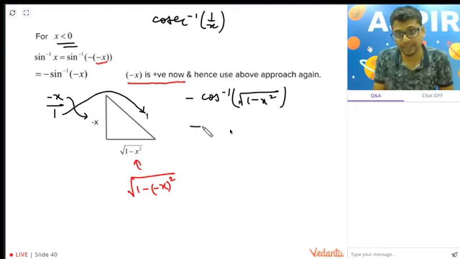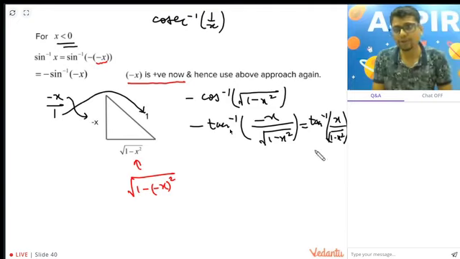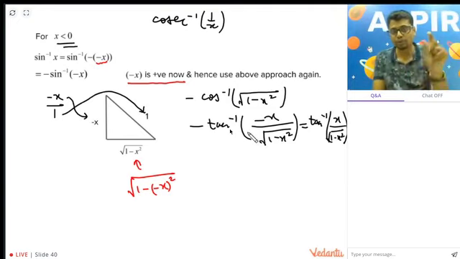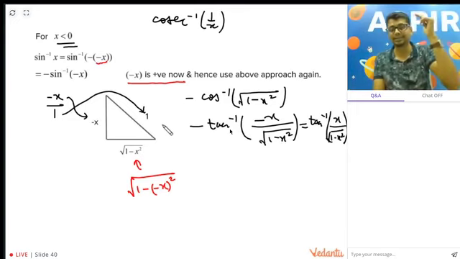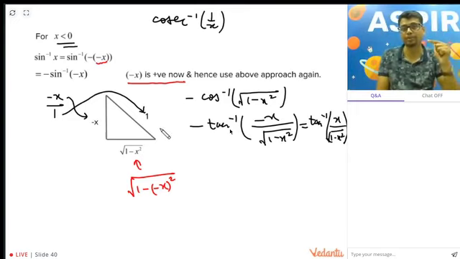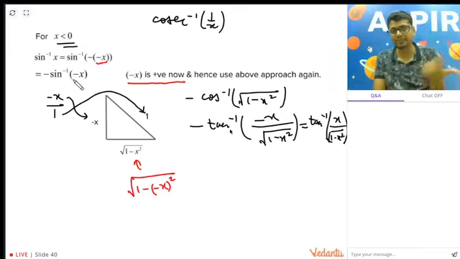So minus tan inverse of perpendicular upon base, so minus x upon under root 1 minus x square, which is the same as tan inverse x by under root 1 minus x square. See, you did not remember all those things by heart. You should know how we are converting. If x is positive, think in terms of base, perpendicular, hypotenuse. If x is negative, then think in terms of this, and then use base, perpendicular, hypotenuse.